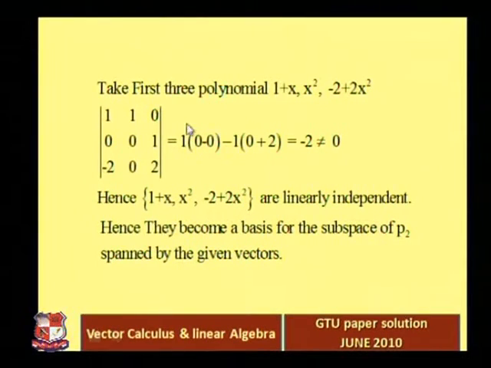Now from these 3 polynomials, the first row is 1 1 0, then 0 0 1, then minus 2 0 2. The determinant of 1 1 0, 0 0 1, minus 2 0 2 is equal to 1 into 0 minus 0, minus 1 into 0 plus 2, that is equal to minus 2, not equal to 0.